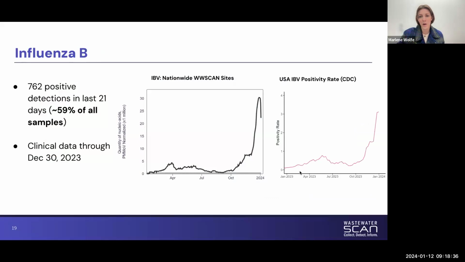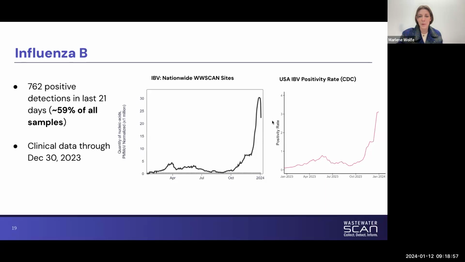Influenza B. We have had many samples that are positive, although overall, we haven't hit the threshold of number of sites that have significant influenza B activity to put it in a higher category nationally. There are a number of sites that are in higher categories individually.